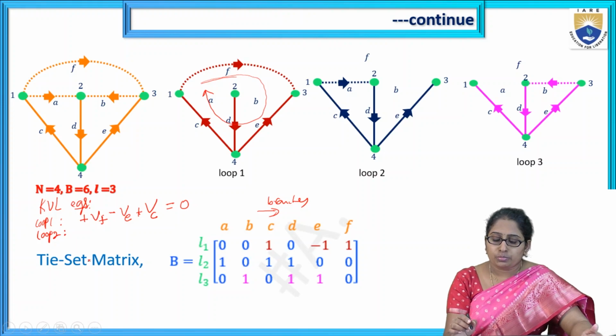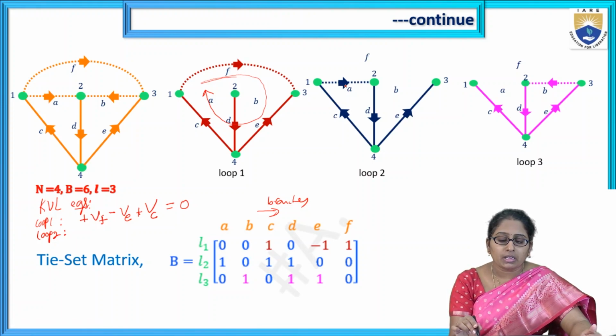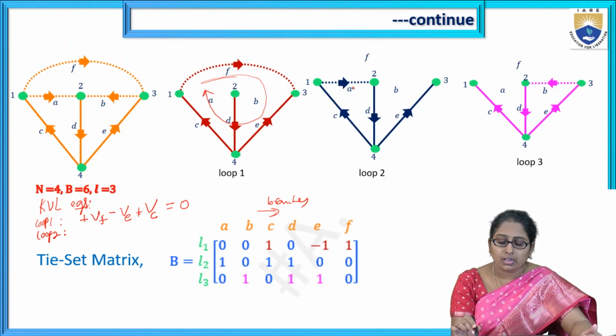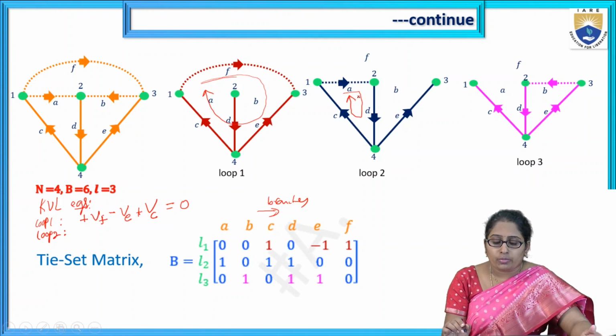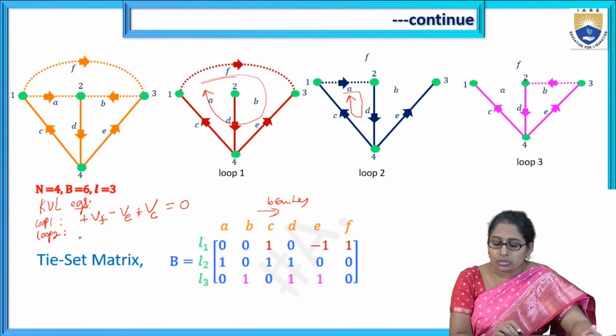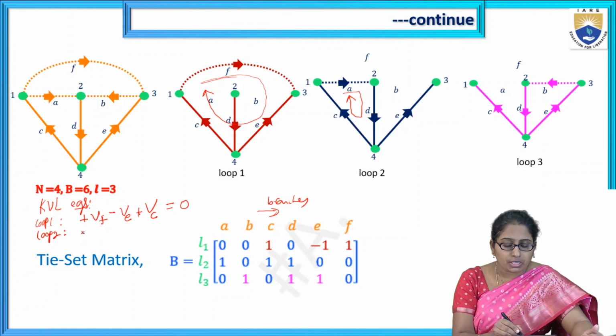Next, loop 2 is formed with the link A. This is a closed path. Now writing the KVL for loop 2. The VA direction is the same as the assumed direction.